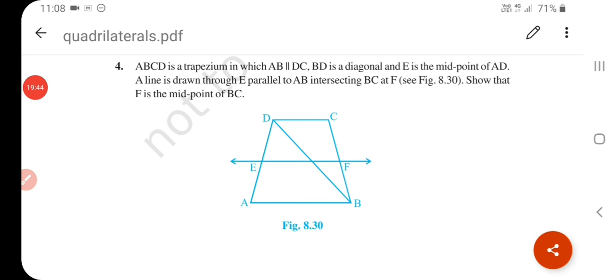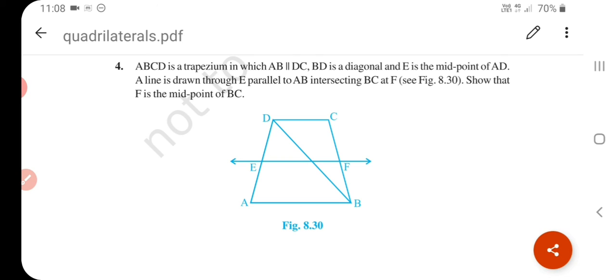Let's see question number 3. 3 is the same as question number 2. Now question number 4. ABCD is a trapezium, and you know that in a trapezium only one pair of sides is parallel, and another pair is not parallel. In which AB is parallel to DC, BD is a diagonal, and E is the midpoint of AD. A line is drawn through E. You have been given the complete figure, okay, you have to look at it and solve it by looking.